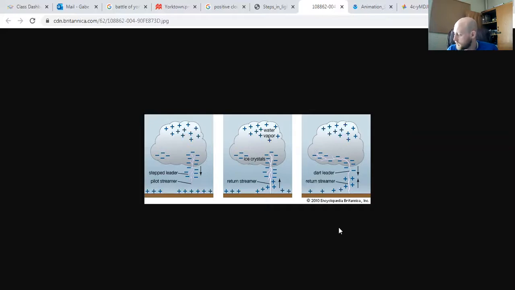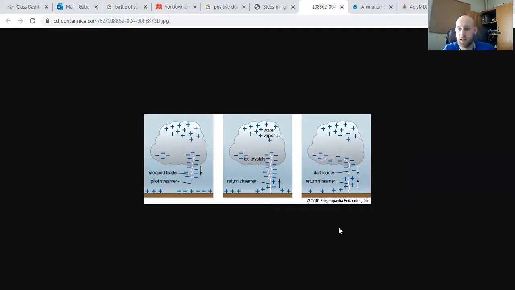I already talked about thunder, so we're good there. Again, thunder is caused by the heating of the air around the lightning so fast that it causes a shock wave, and we hear that sound. We can hear it up to 10 miles away. And so the speed of light and the speed of sound are different, right?